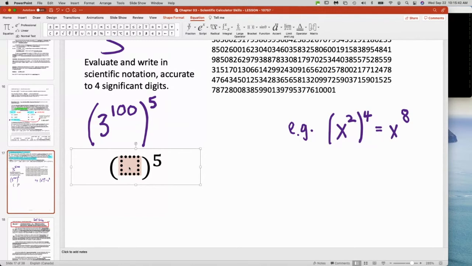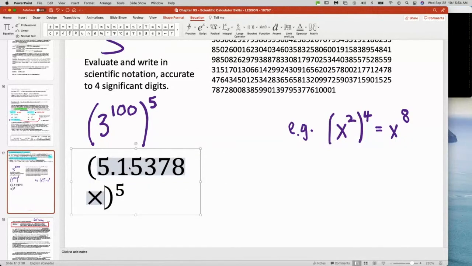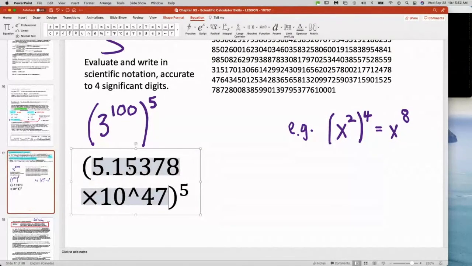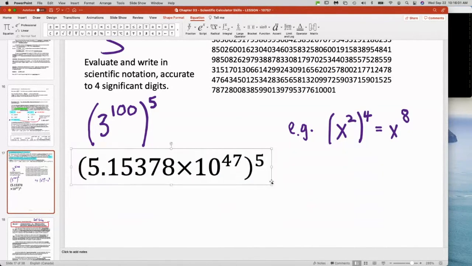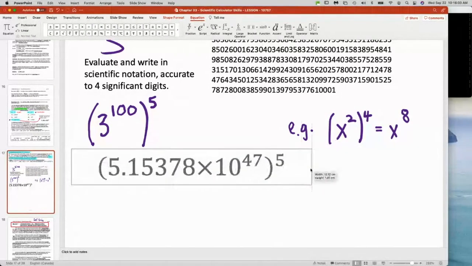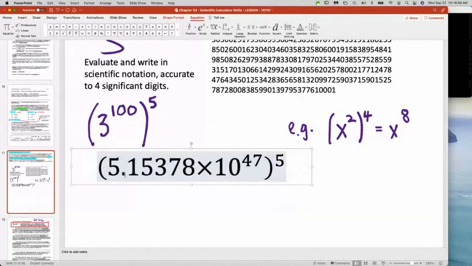So I'm going to put a little bit extra there. 5.15378 times 10 to the 47. I put a little bit extra there, but it doesn't really change things too much, because this is not our final answer, so it makes sense to put a little bit extra.